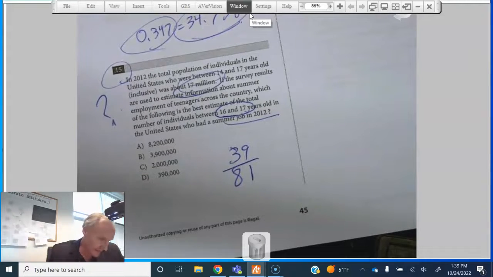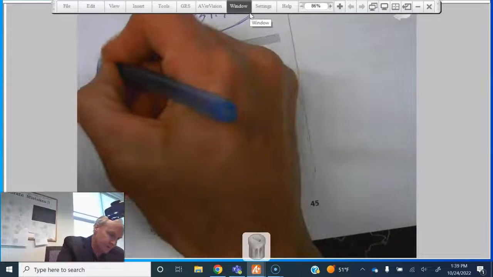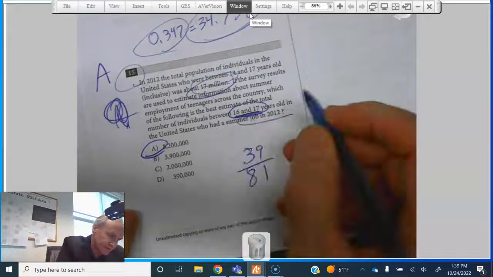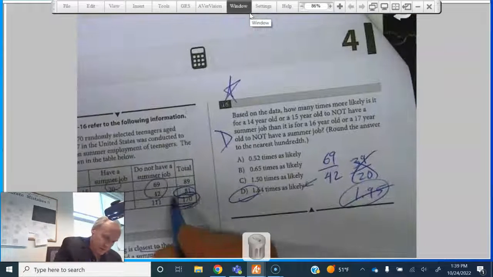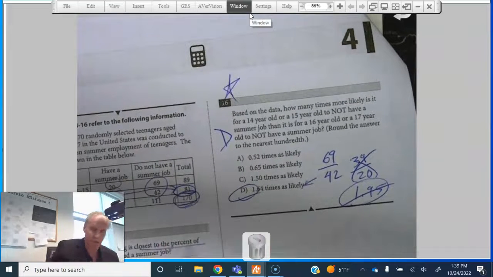And we're going to multiply that 48% times the 17 million. And we get almost exactly this amount. I have to read the question carefully, between 16 and 17. So we had to use this part, that have summer jobs, 39 out of 81 surveyed.